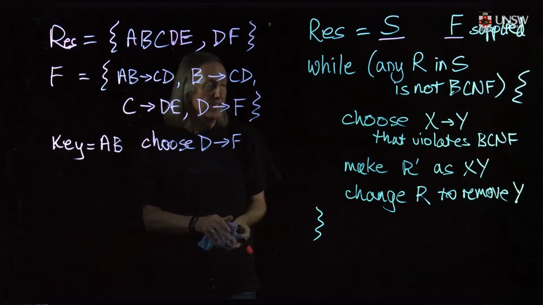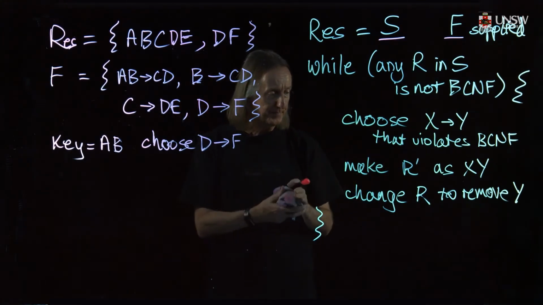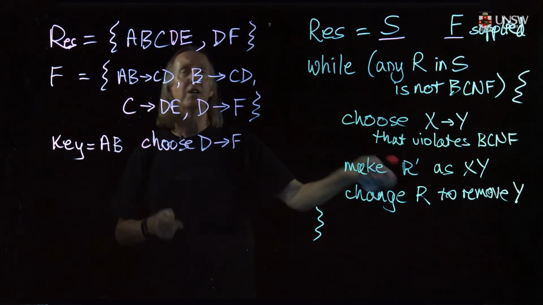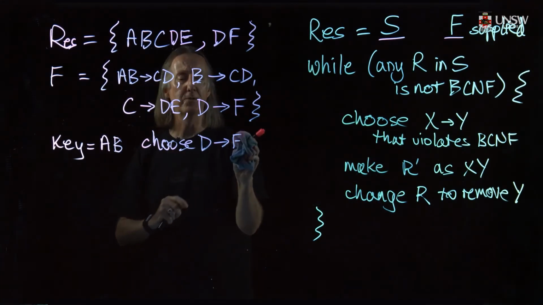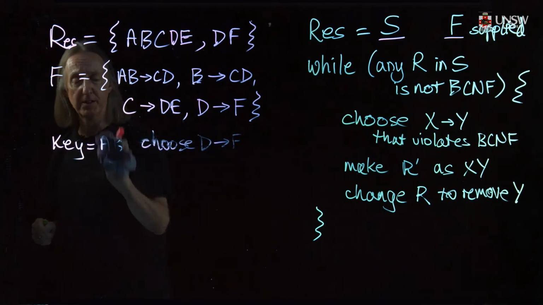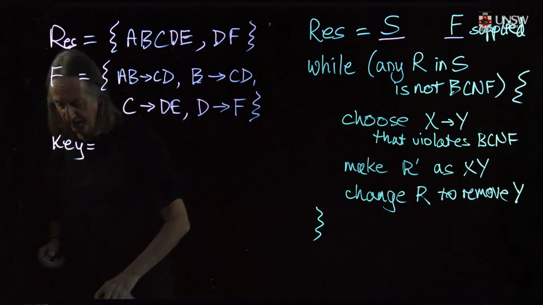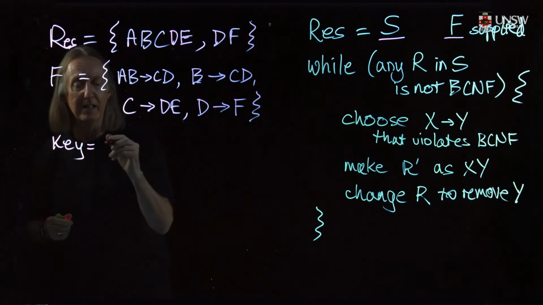All right, so we can continue, go around the loop again. Change R to remove Y, I've done that as well. Oh, I shouldn't have rubbed out the key because this key is actually still in play, AB.